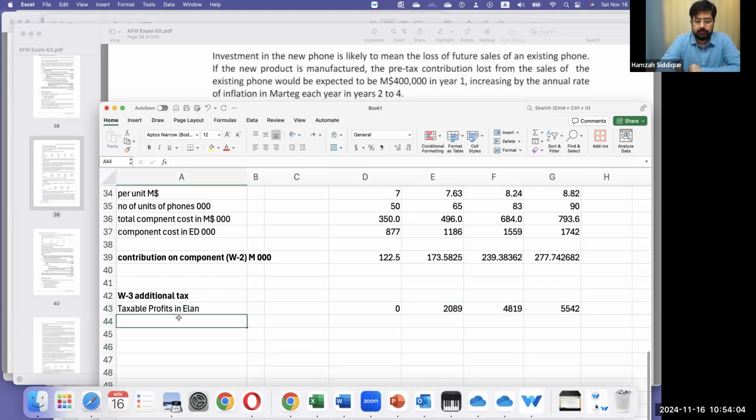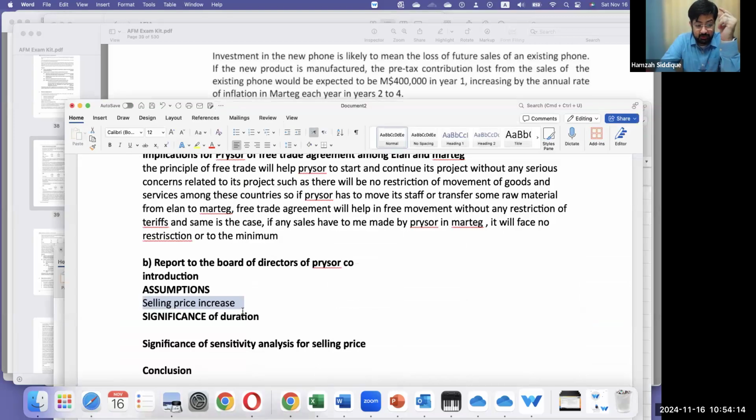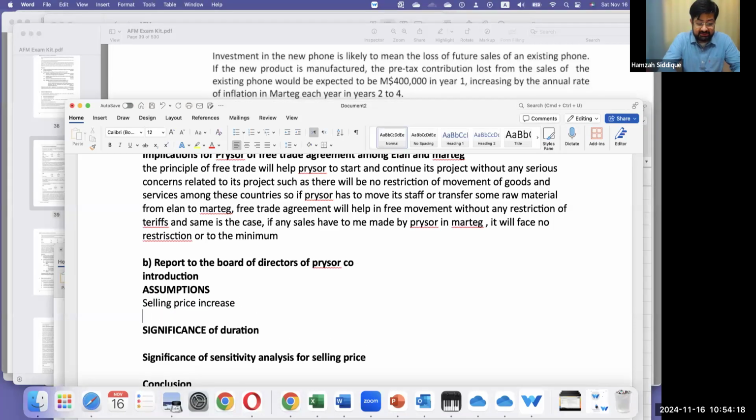Now, there is a point. It was exempt in the first 2 years over there. Listen, assumptions, issues. A very important issue came to my mind. Tax exemption in Elan in first 2 years and its impact in home country.